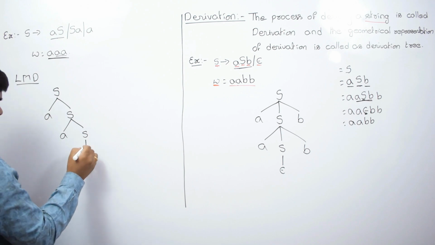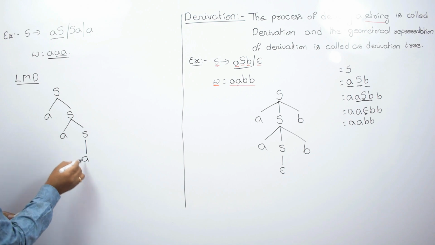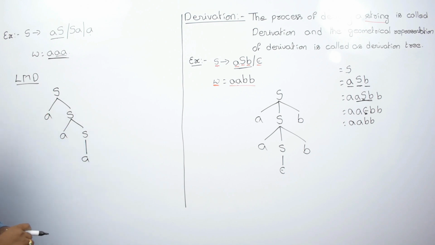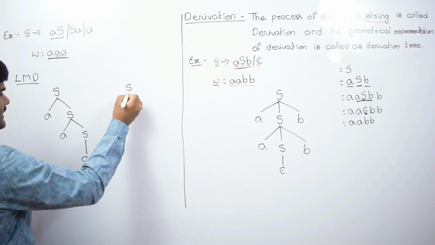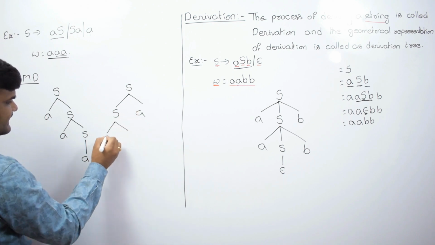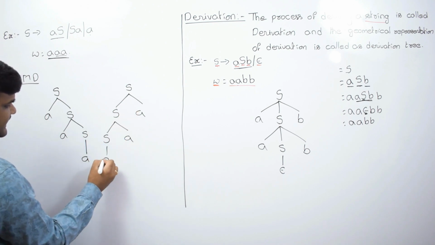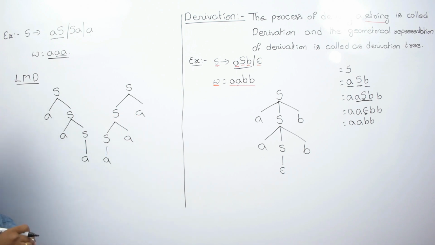Next, again S, I can take this also. Now if you take this one, triple A is generated, or you can get some other tree also. For the same word: S, S A, then S A, then S. Even this tree is giving the same word.